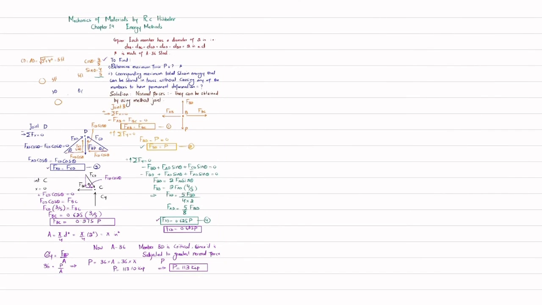How will you find the strain energy? We know that the strain energy due to axial loading is equal to the sum of F square times L divided by 2AE, for the different members AB, BC, CD. For member AB, it will be equal to FAB square times length of AB divided by 2 times AE, since area is the same and E is the same.